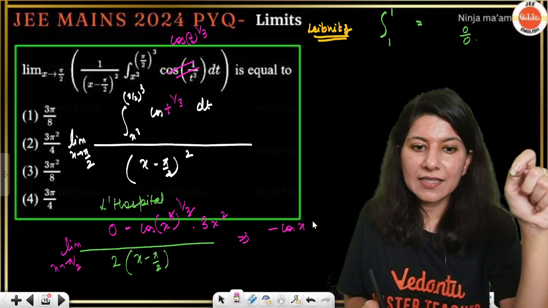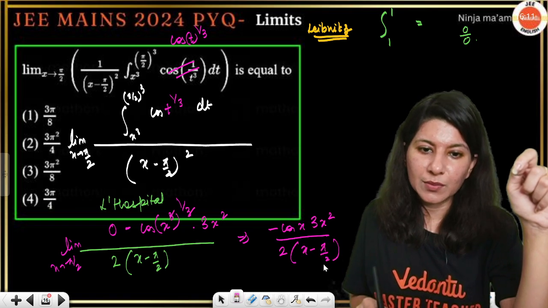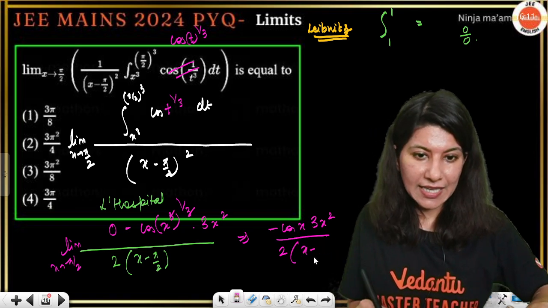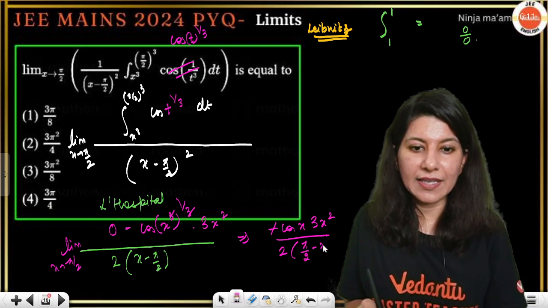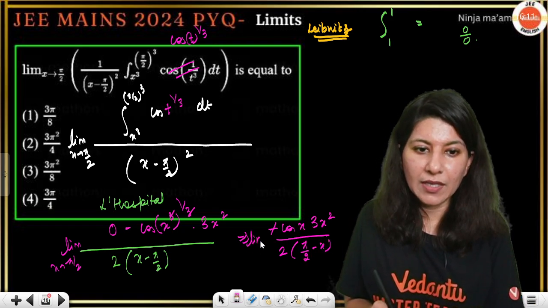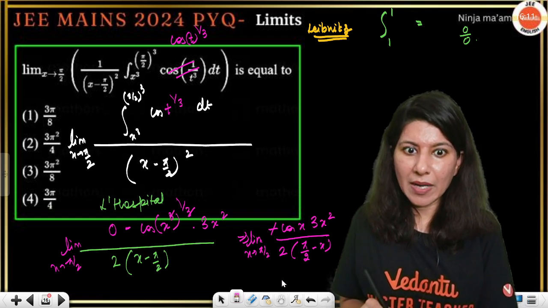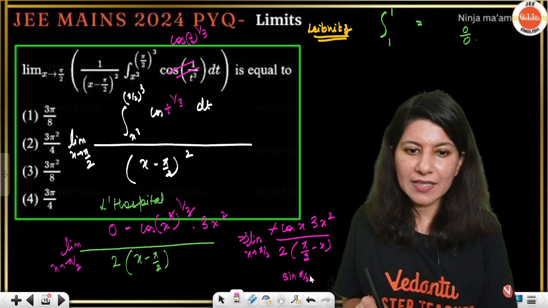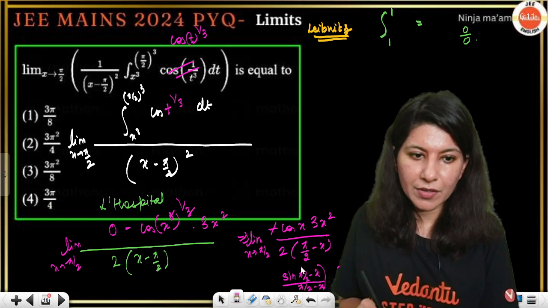Minus cos x, 3x square, over 2x minus pi by 2. Or we can say directly, if you take the minus sign common, pi by 2 minus x, limit x tends to pi by 2. Now cos x will be what? Sin of pi by 2 minus x. So sin of pi by 2 minus x upon pi by 2 minus x, and 3 by 2 x square is already there.